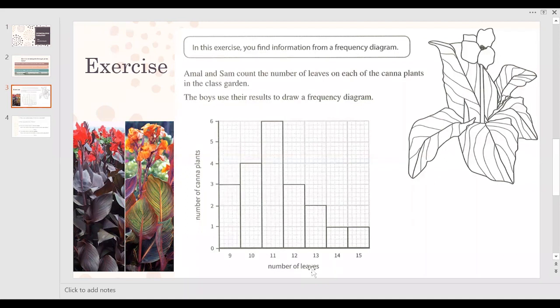Because the column is higher. So it means that it is in more plants. Very good. So we find this number on more plants than the other numbers of leaves. For example, 6 of the collected canna plants do have 11 leaves, okay, in this diagram.